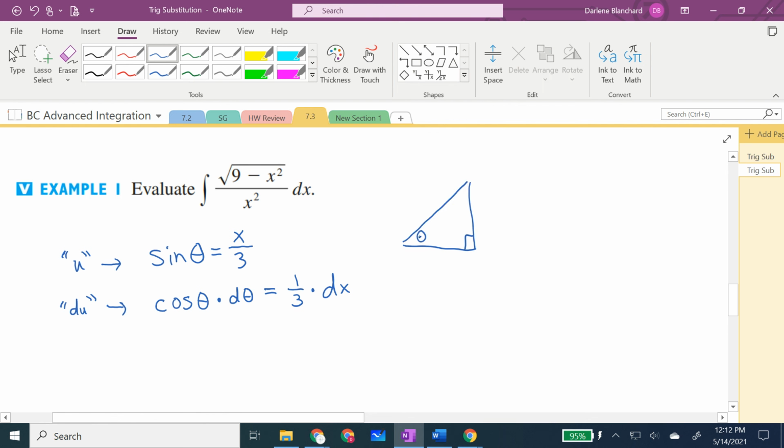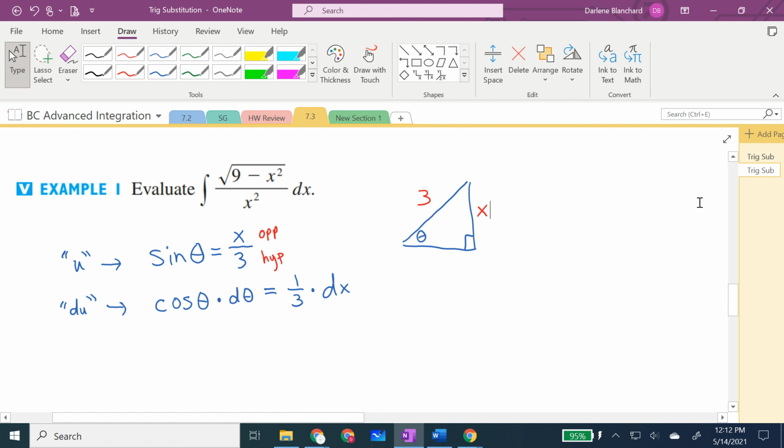It doesn't matter how you orient your right triangle. If the sine is equal to x over 3, and you remember that sine is opposite over hypotenuse, then you can do opposite over hypotenuse. And Pythagorean theorem gives you the third side.